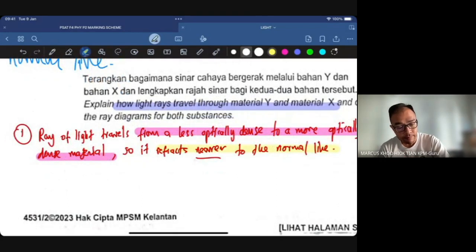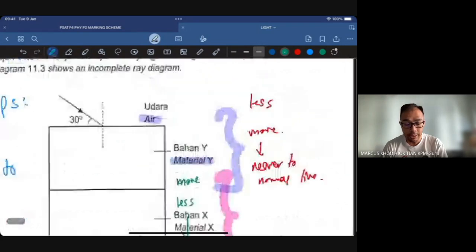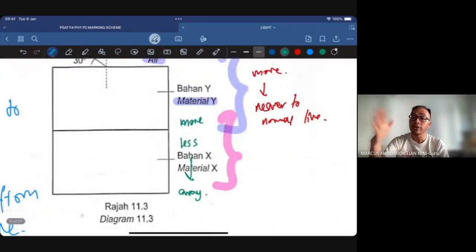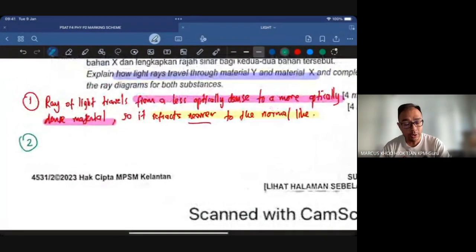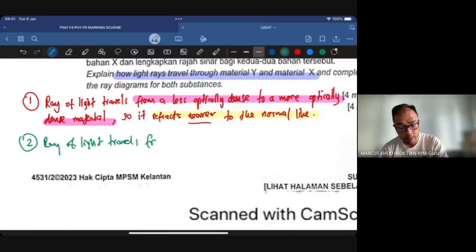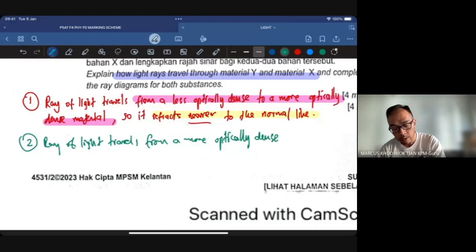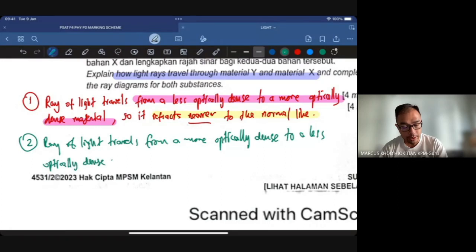Second is the green color one. The green color one is going from more to less, so it's going to go away from the normal line. So the same sentence. The ray of light travels from a more optically dense to a less optically dense material.